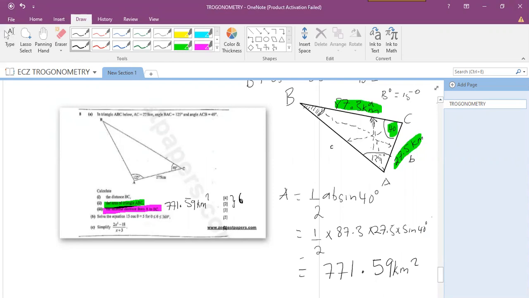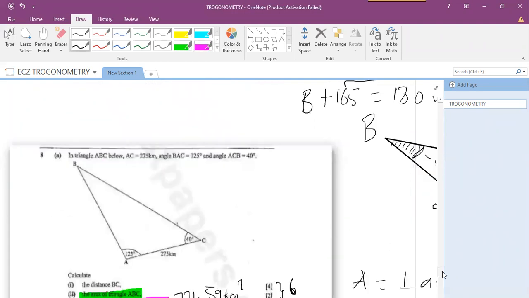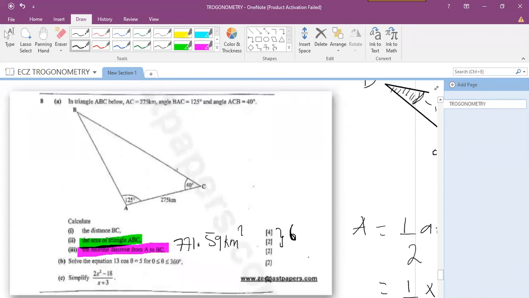That's the shortest distance that they want, which is the height. Let me draw it here so that you see it, then I'll go back to calculating. Can you see clearly? Yes.